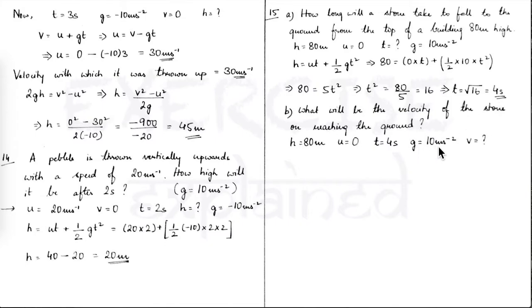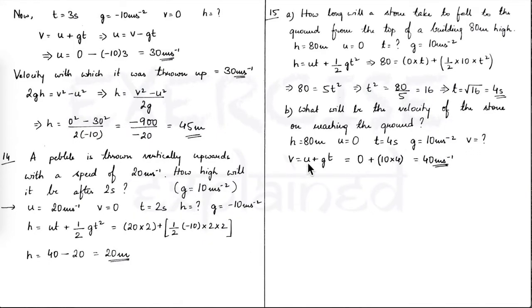Acceleration due to gravity is 10 meter per second square. Final velocity we need to find. So I'll be using V is equal to U plus GT. So U is 0 plus G is plus 10 into T is 4 seconds. We found it here. So that happens to be 40 meter per second. So final velocity will be 40 meter per second.